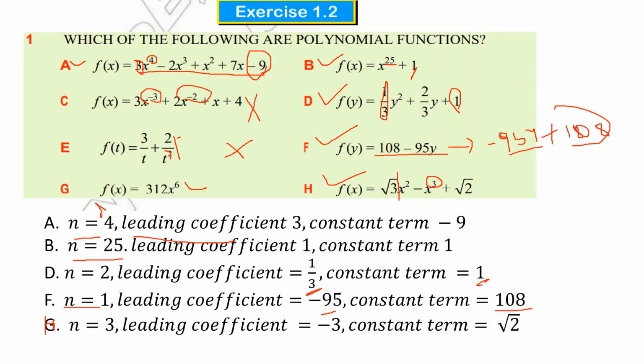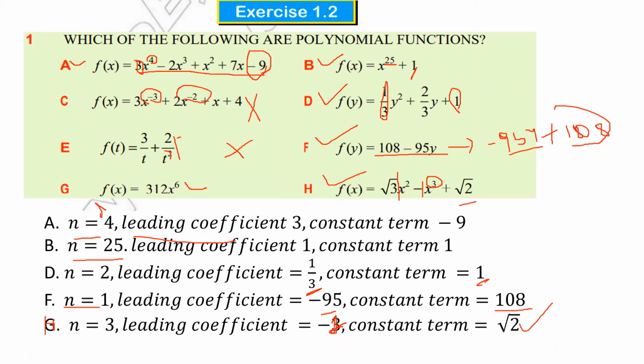So n is equal to 3, and the leading coefficient is minus 1, not minus 3. Leading coefficient is minus 1. Here is a problem of writing, sorry. The leading coefficient must be 1 here, and the constant term is root of 2. So that one is correct.